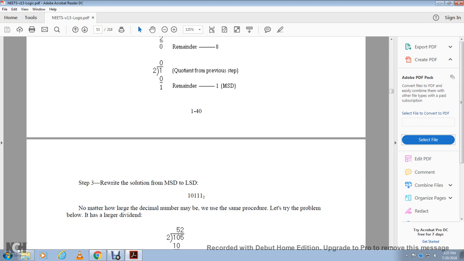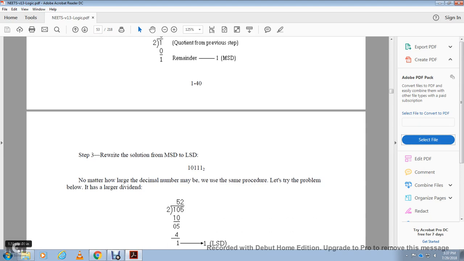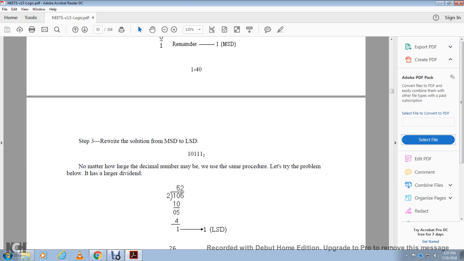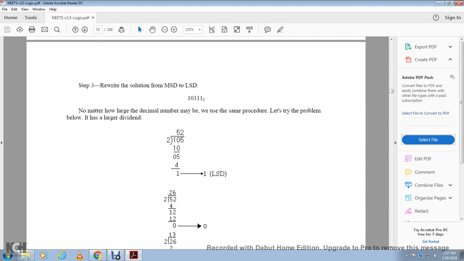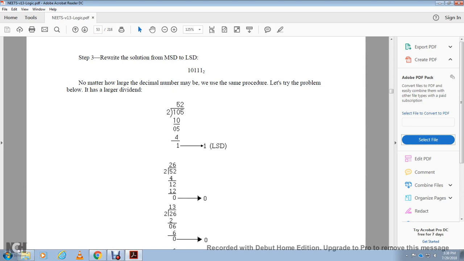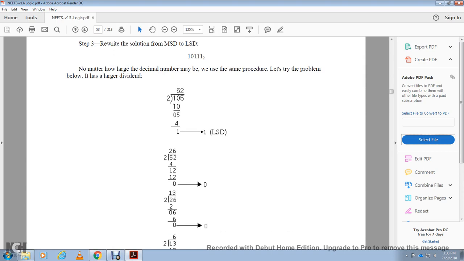No matter how large the decimal number may be, it is the same process. Let's do the problem below. This is a larger dividend. 105 divided by 2 is 52, with a remainder of 1, the least significant digit. Then 52 divided by 2 gives you 26, with a remainder of 0. 26 divided by 2 gives you 13, remainder 0.